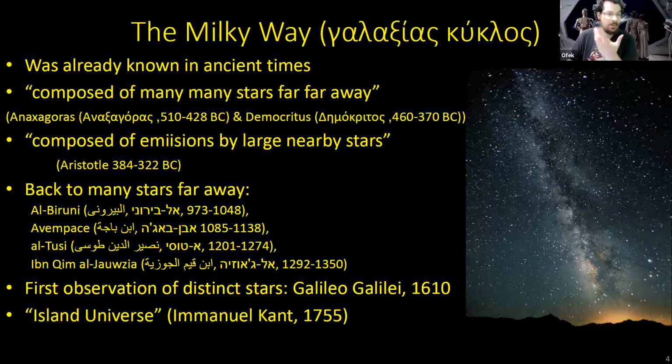But up until 100 years ago, it was almost impossible to miss. It's a long path or lane of light, white, bright color, crossing the night sky from side to side.